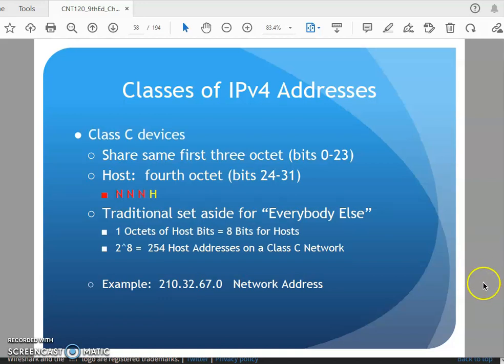Class C was set aside for everybody else, and that included your network at home. If you had a business, your network, Penn State's network, all your major universities, their network. Okay, again, this was in the 80s and early 90s. So in this case, IANA specified the first three octets as network.